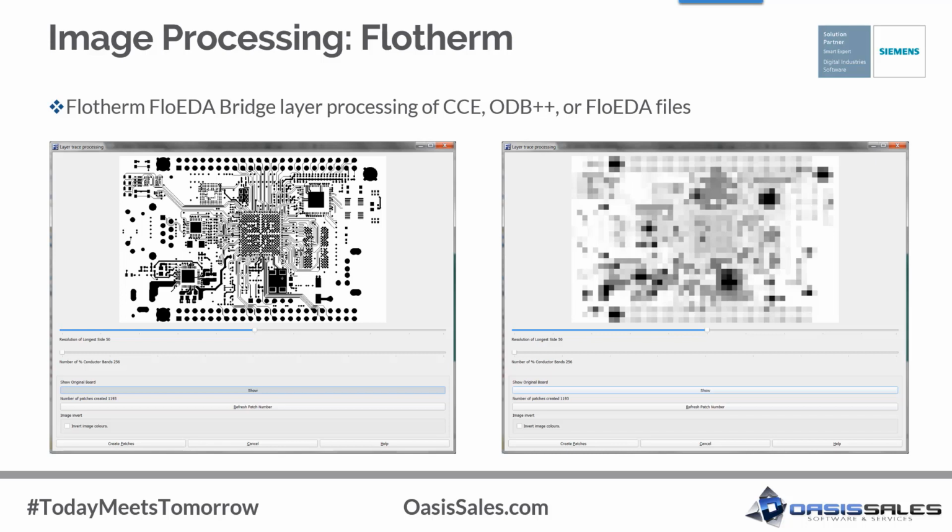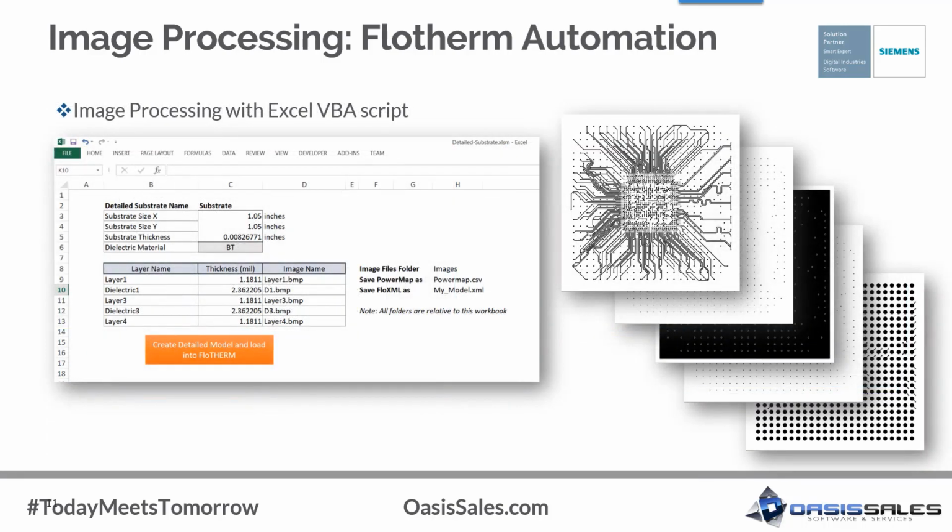ODB++ files can be exported by most, if not all, PCB routing tools, and the FlowEDA file is a Flotherm-based file generated from plugins for Expedition, BoardStation, Allegro, APD, and CR5000. The interface shown allows the image to be processed into a number of orthotropic thermal conductivity patches and requires no specialized image processing knowledge. Flotherm can also process images through automation.